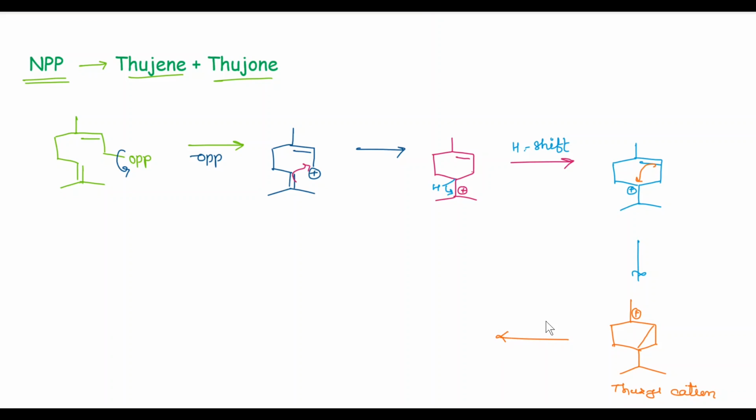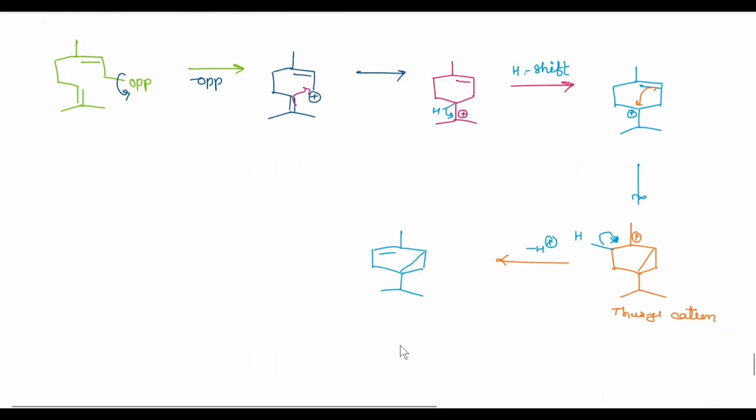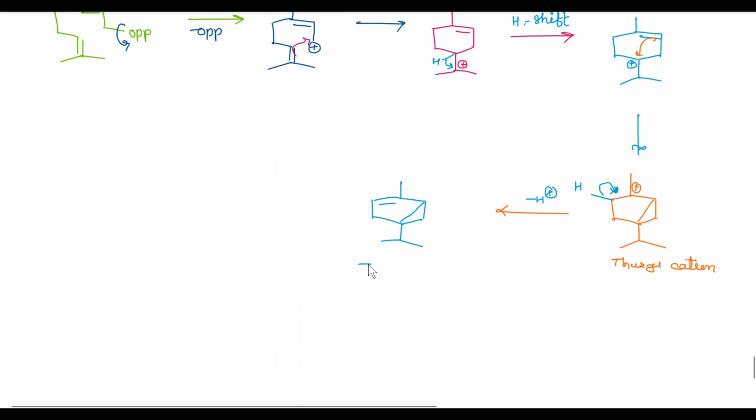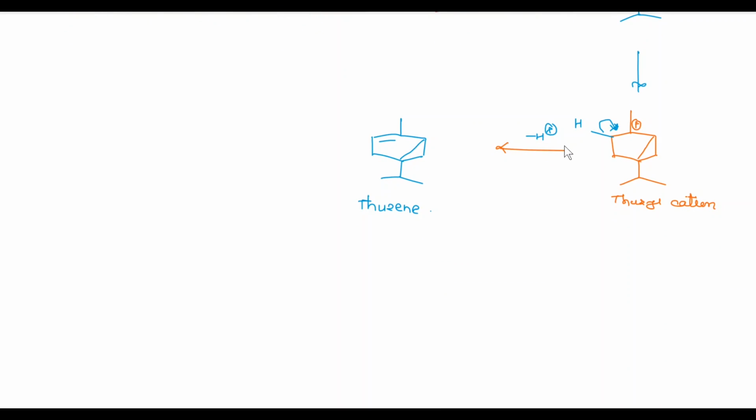In the next step, after loss of this H plus, we get a double bond here, a carbon-carbon single bond, and this compound is called thujene.